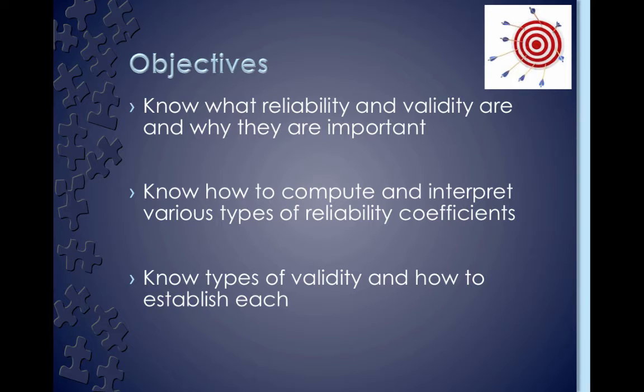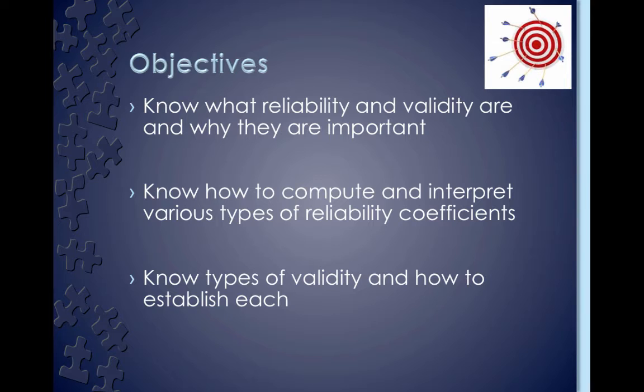In your textbook, it goes over calculating specifically what's called internal consistency, or Cronbach's alpha. That's one of our reliability coefficients. You do not have to learn how to hand calculate Cronbach's alpha. However, the other 3 you will have to calculate. They're relatively easy ones, as you'll see.